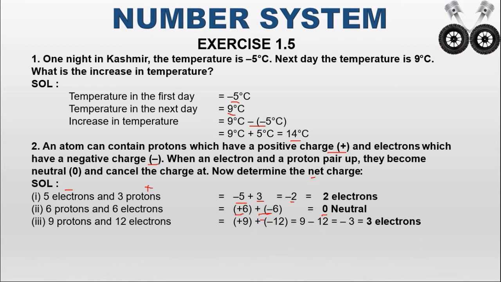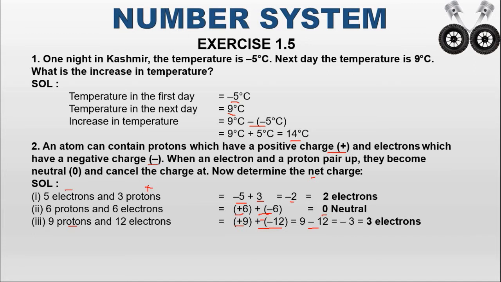Then the third one is 9 protons and 12 electrons. 9 protons means positive, so I can write it as plus 9, and 12 electrons. Electron is denoted as negative, so that can be written as minus 12. So here the two signs are near together, that means we have to change the sign. Plus into minus, so these two signs are different, that means we have to put the negative sign.